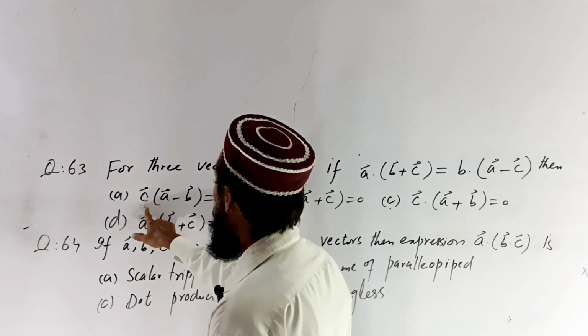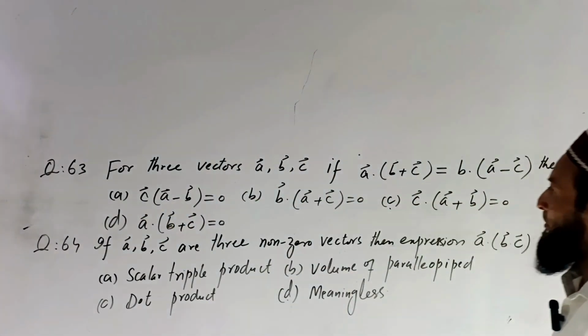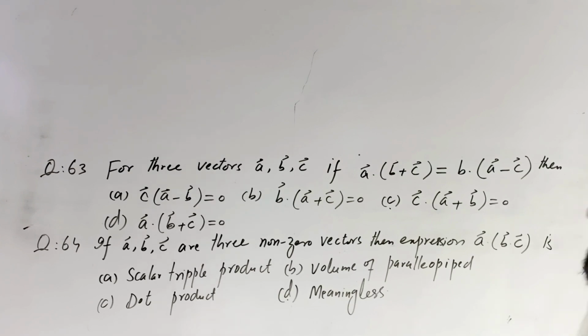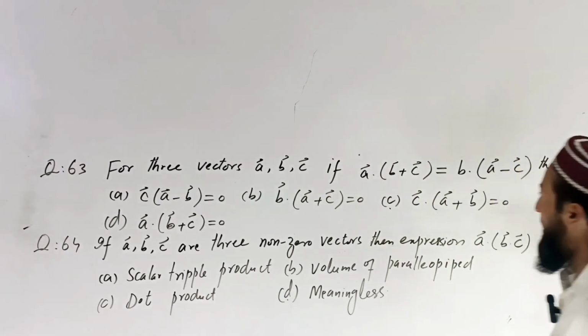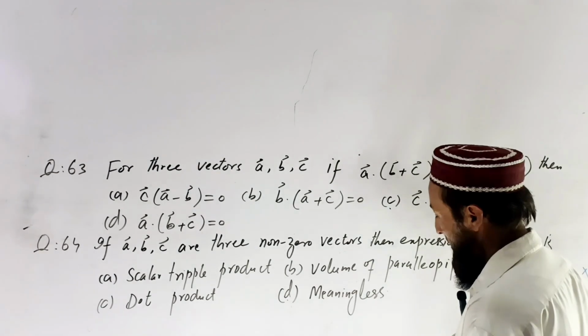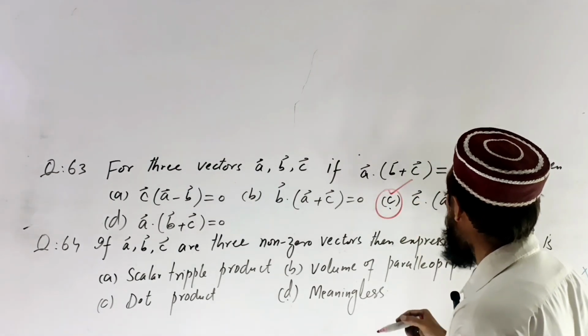So this option is completely wrong. If we apply C dot A plus B, it is required according to this property. So the correct option is C according to the property.